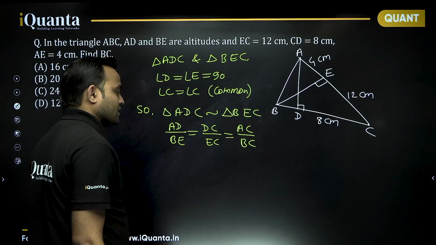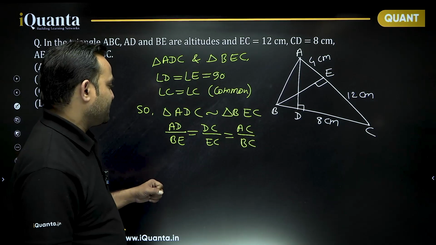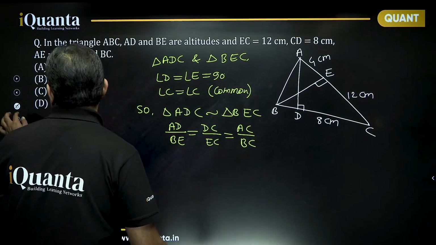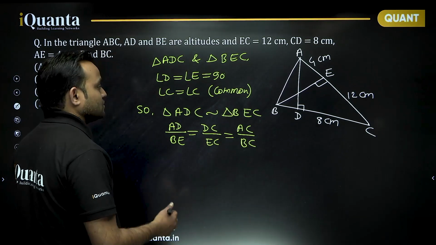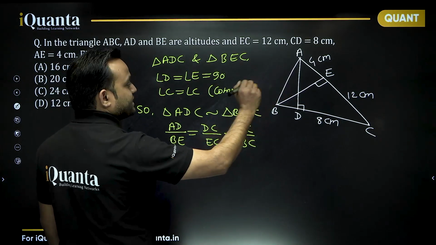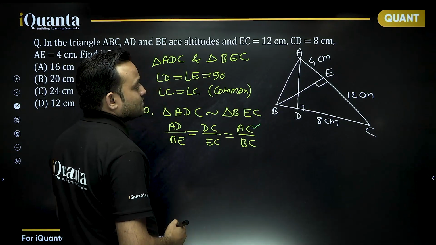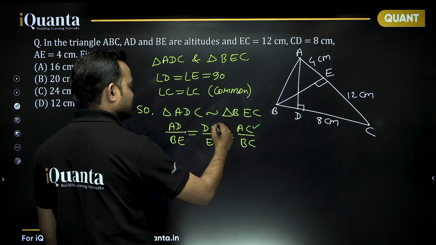Now what do we want? We want BD, or we want BC. So let's check which lengths are known. We know AE, or we know AC. So AC is known. Then EC is known. Then DC is known.